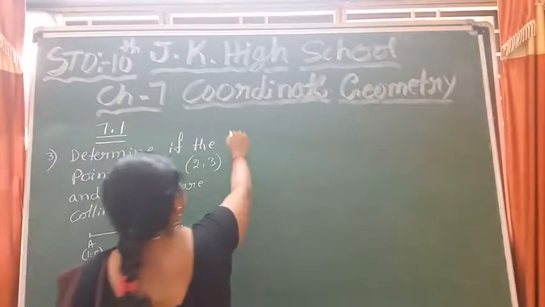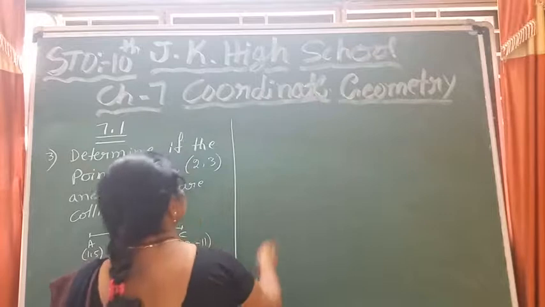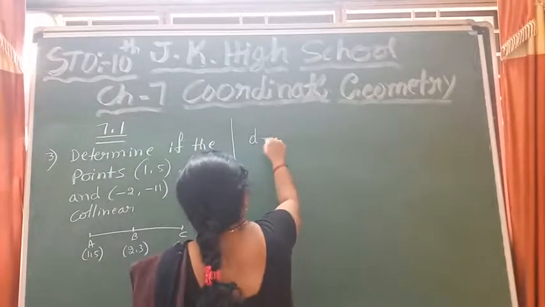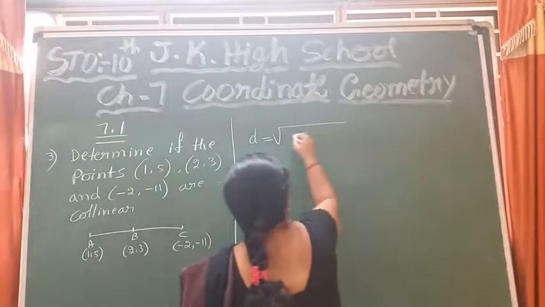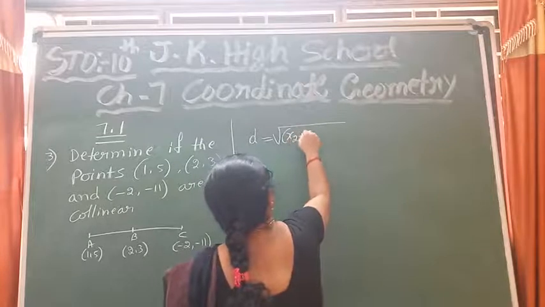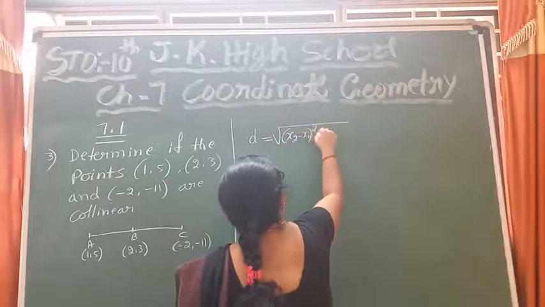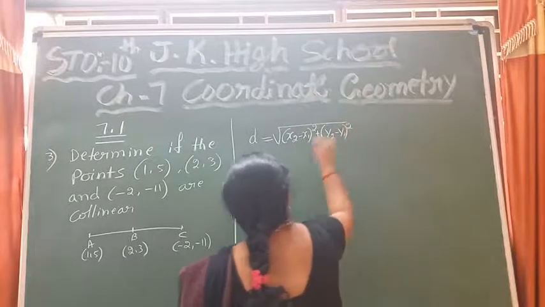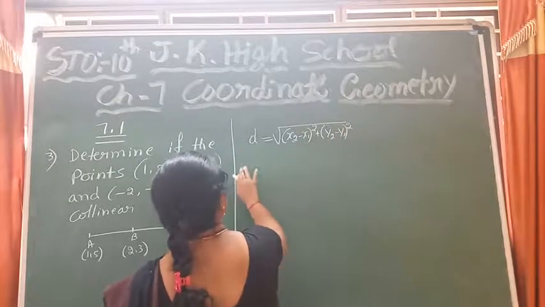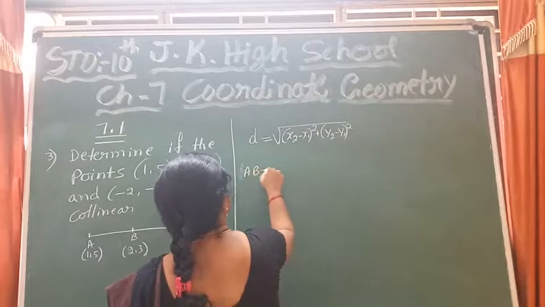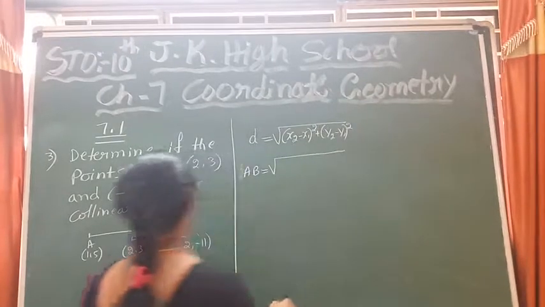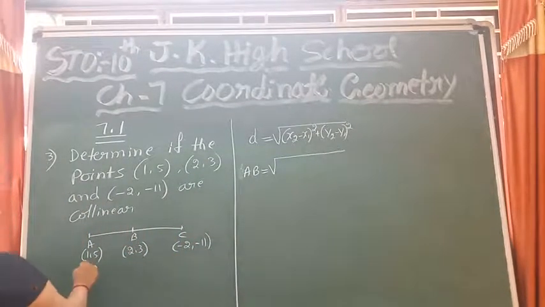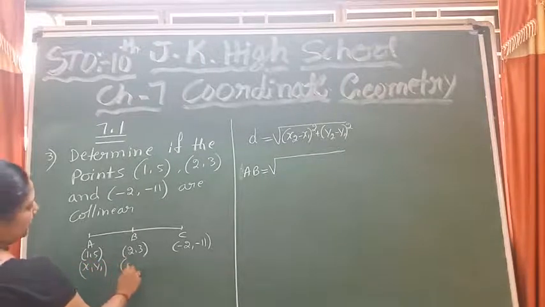The distance D is equal to square root of (x2 minus x1) whole square plus (y2 minus y1) whole square. Now the distance AB: this is x1, y1 and this is x2, y2.